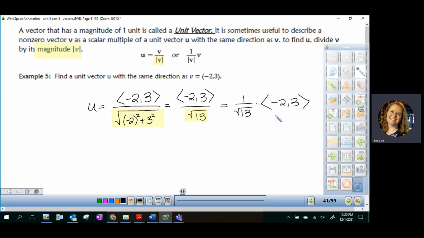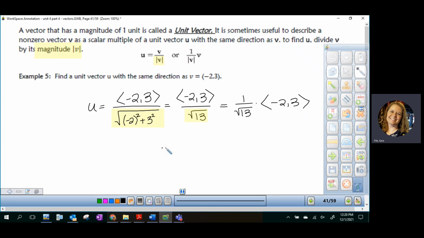You don't have to write it that way if you understand it this way, but you have to know that scalar division would work the same as scalar multiplication. So that scalar would get multiplied by both components. Or if you don't write that step, think of it here. This scalar would get divided by both components.